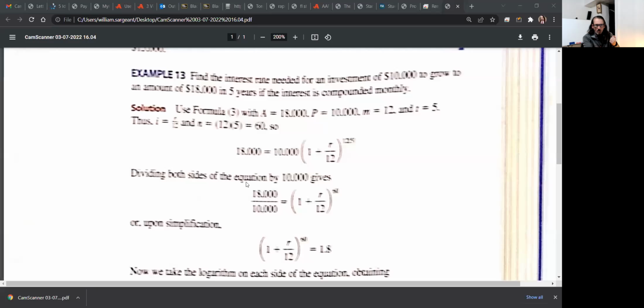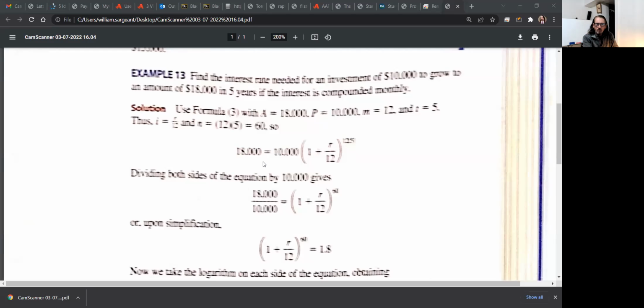I'm sorry that the scan didn't come out all that clear, but we have interest being compounded monthly, where you have an initial investment of $10,000 growing to $15,000 after 5 years. And we want to find out what interest rates would result in that.